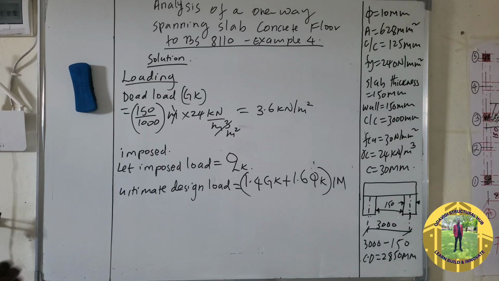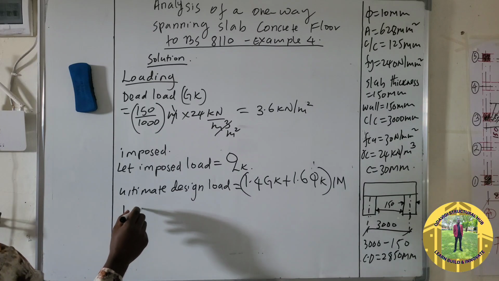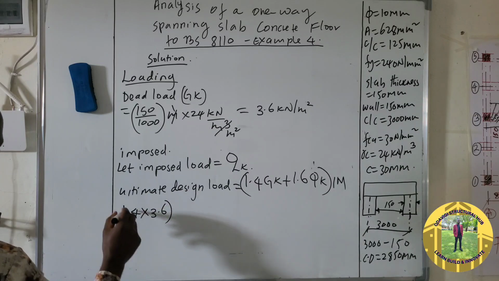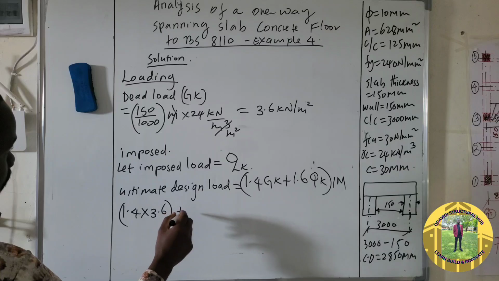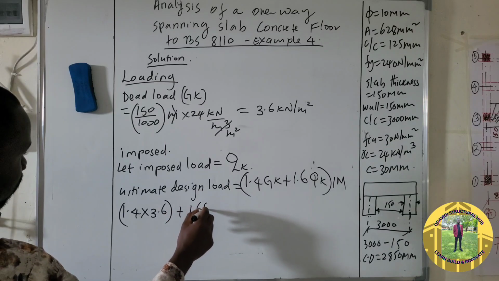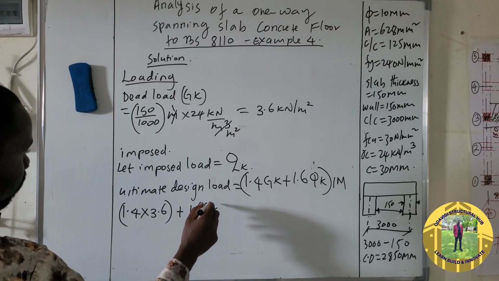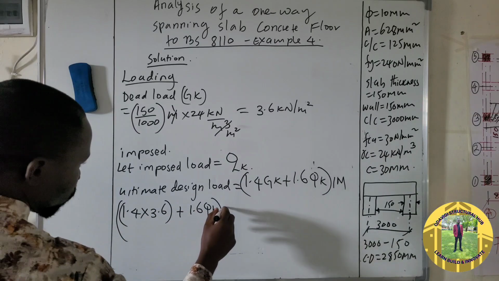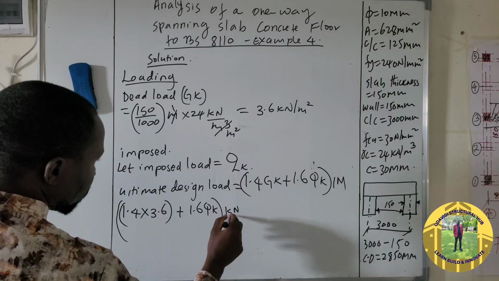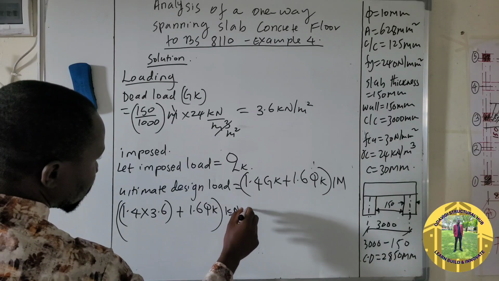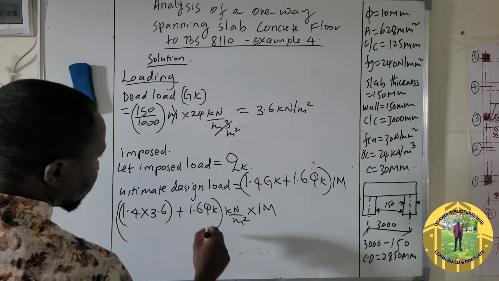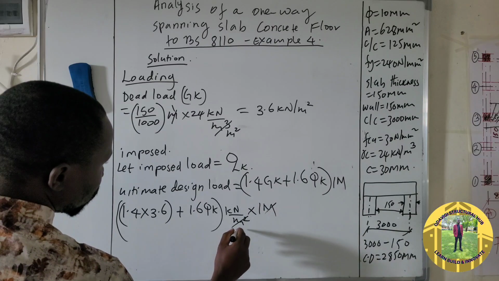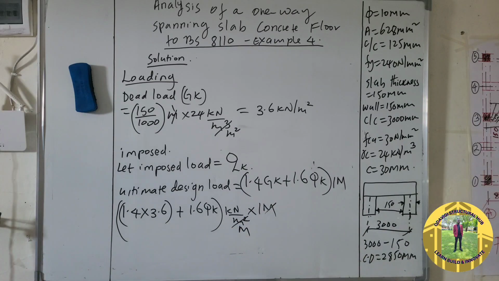So this one is equal to 1.4 times 3.6 plus 1.6 QK. Remember the unit is in kilonewton per meter square times 1 meter.